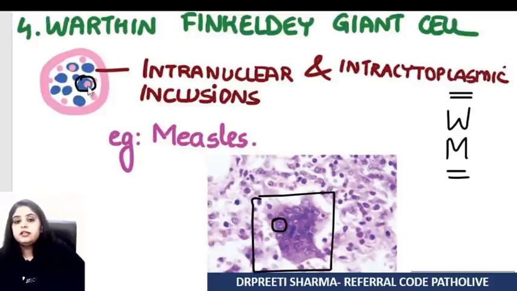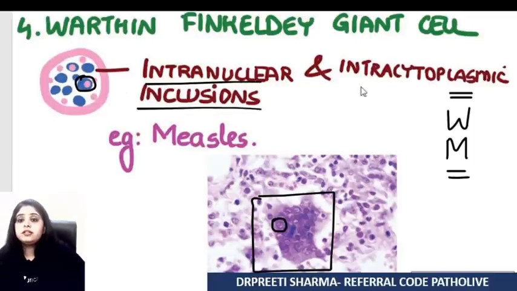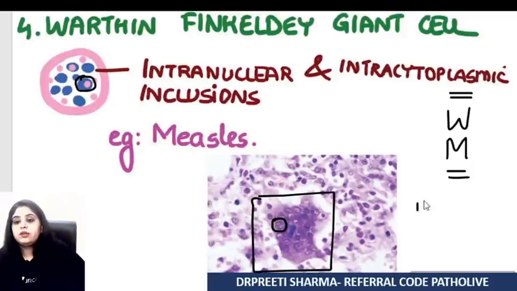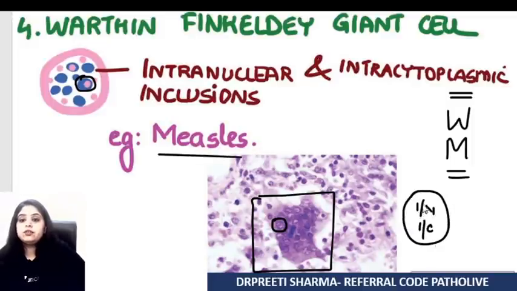So there are intranuclear inclusions. Similarly, there are inclusions in the cytoplasm as well. So when I saw this giant cell clearly, I saw intranuclear and intracytoplasmic inclusions, which made me realize that there is some viral infection that is creating all these inclusions. So remember, measles shows you Warthin-Finkeldey giant cells which will have inclusions.